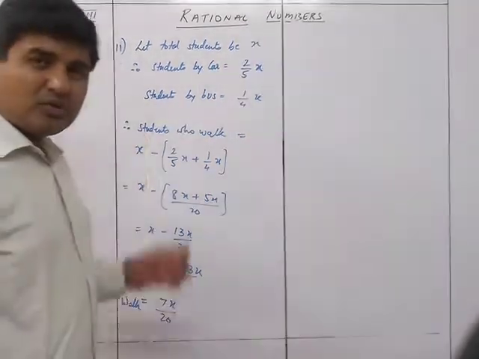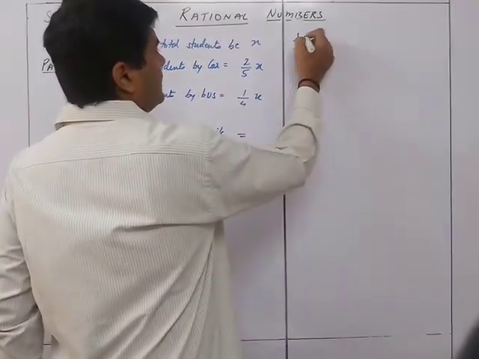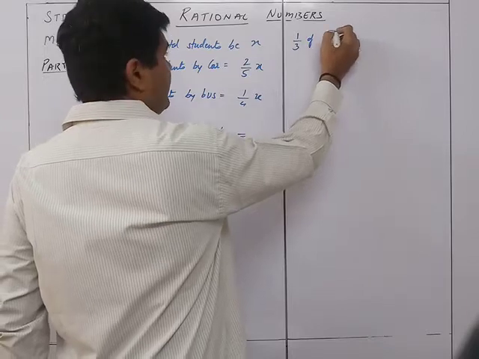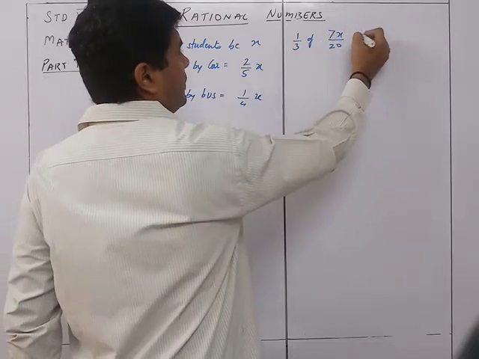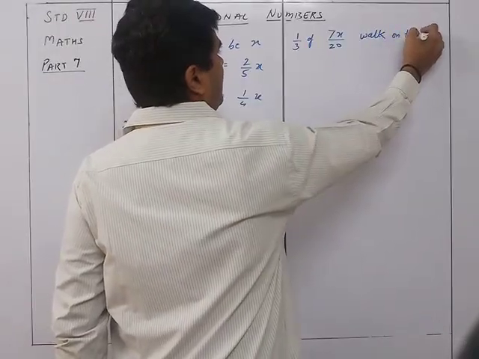And out of the students who are coming walking to school, you can say that 1/3 of 7x upon 20 walk on their own.